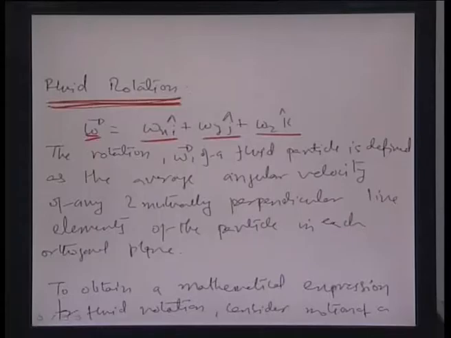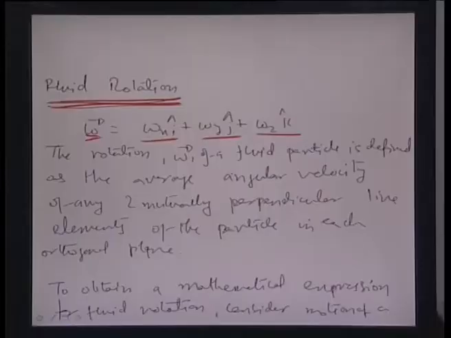So how do you define the rotation in this kind of case? Suppose you have two mutually perpendicular planes like this, and you are rotating the planes all together, retaining the perpendicularity between them. That means the planes are not deforming with respect to each other, they are just keeping the same angle and rotating. The average velocity of rotation in this case would be the velocity of plane 1 plus velocity of plane 2, which is orthogonally placed, divided by 2.